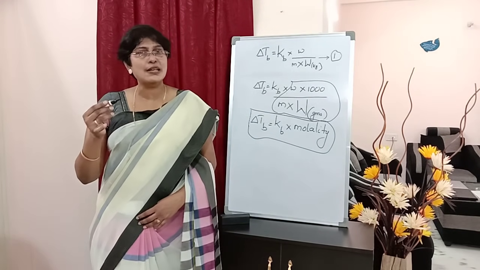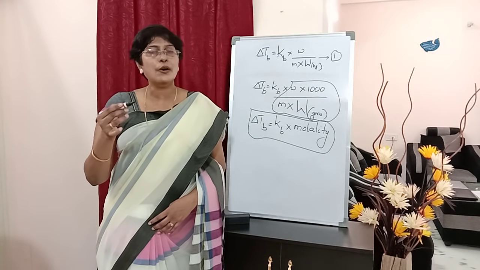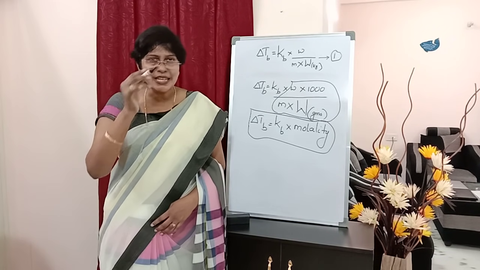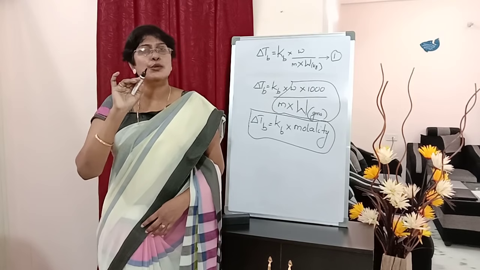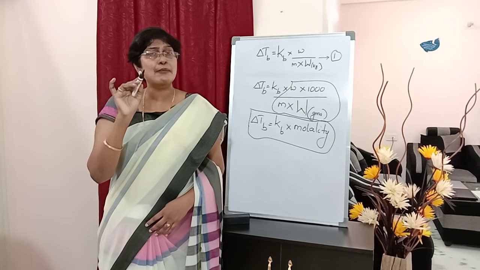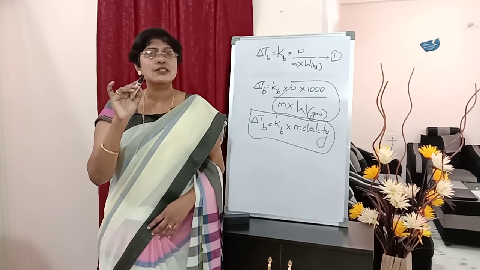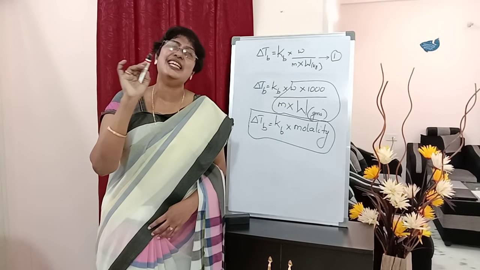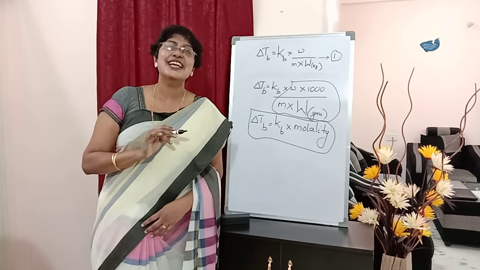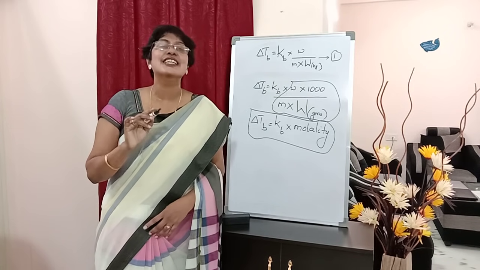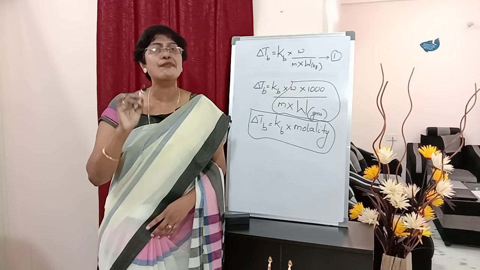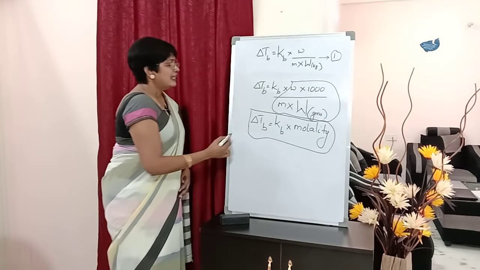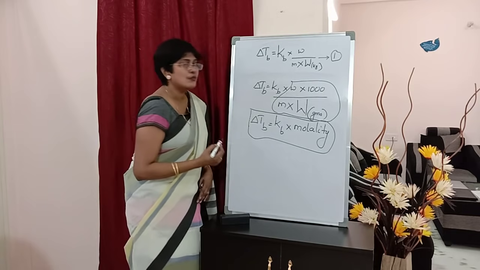An intermediate definition. Hope all of you know what molality is. If you don't know, please write down. Brackets. Molality is number of moles of solute per kg solvent. Per means PER. Okay, molality is nothing but number of moles of solute per kg solvent. So delta Tb is equal to Kb into molality.